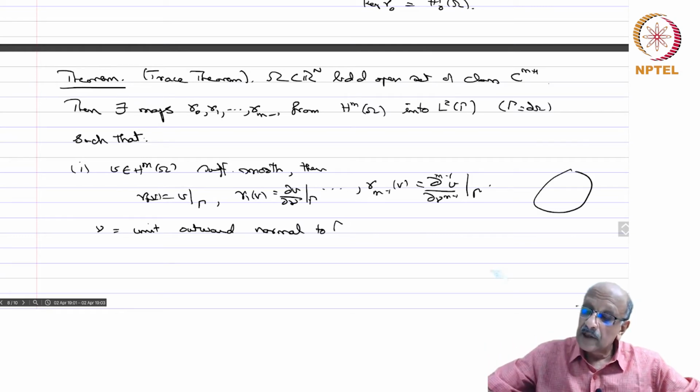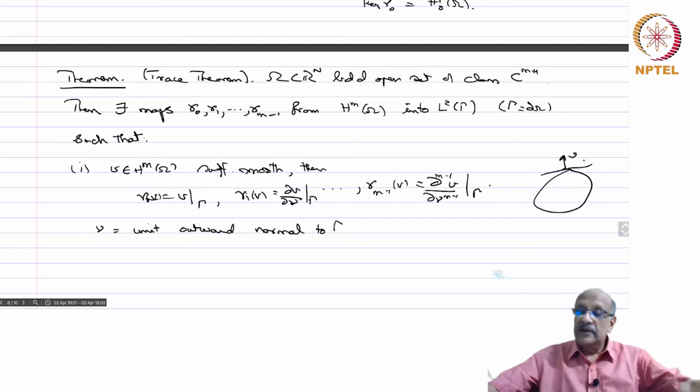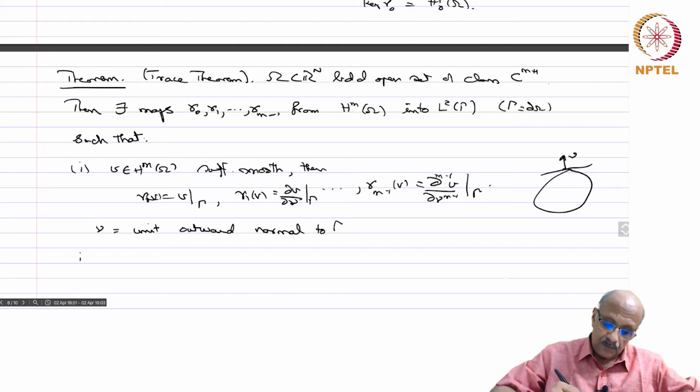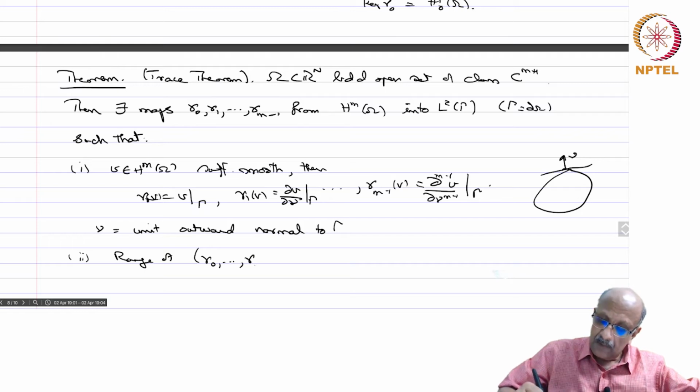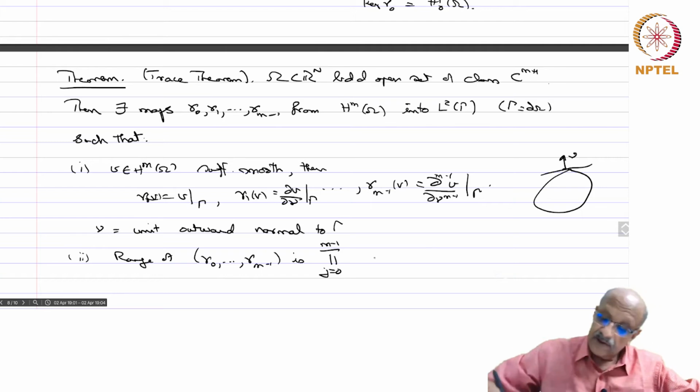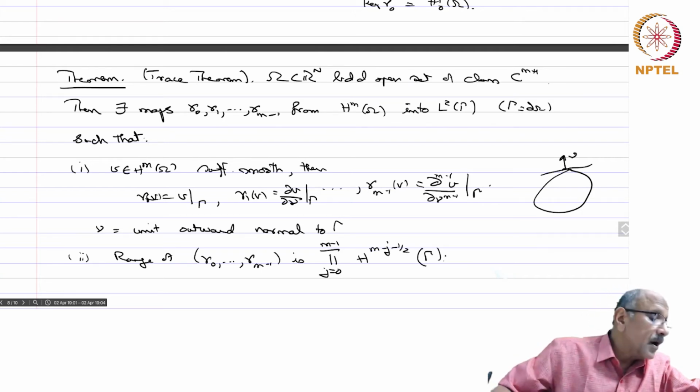So you have the boundary here, and then at each point you have a tangent, and then you have nu, which is the unit normal vector. Okay. 2. Range of gamma naught to gamma m minus 1 is the product over j equals 0 to m minus 1 of h m minus j minus half of gamma.